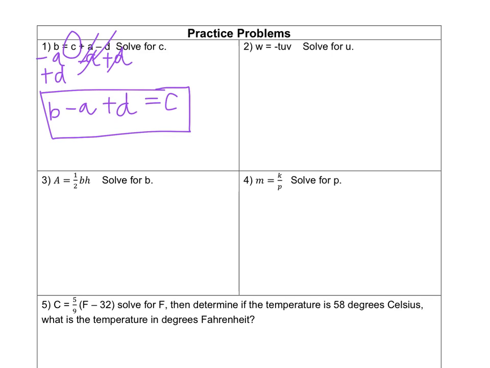Okay, number 2, solve for U. So we're multiplying negative t times u times v. So what would be the opposite of multiplying? Dividing. So I would need to divide each side by negative t and positive v.